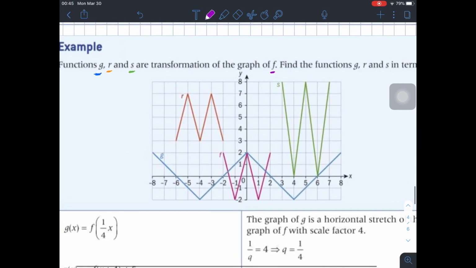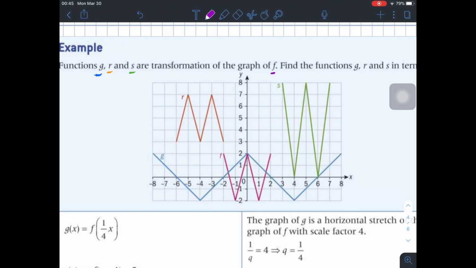Okay. Then, let's determine function r. You see that r has the same shape as the original function f, but there are 3 transformations here.